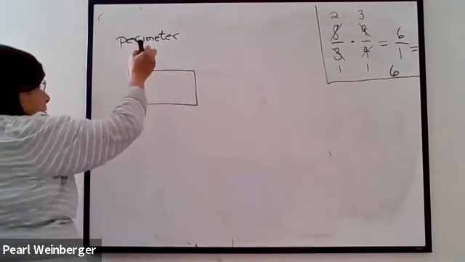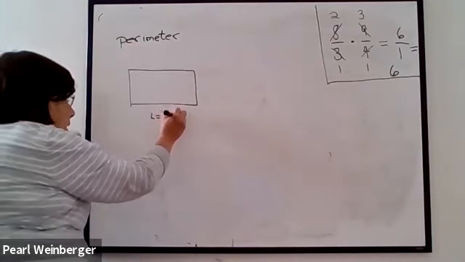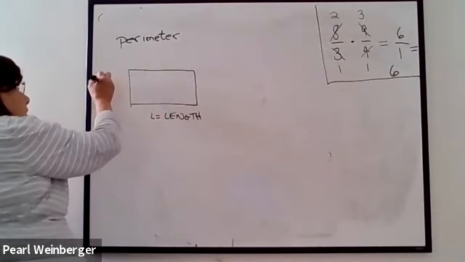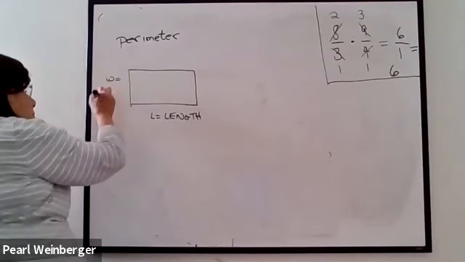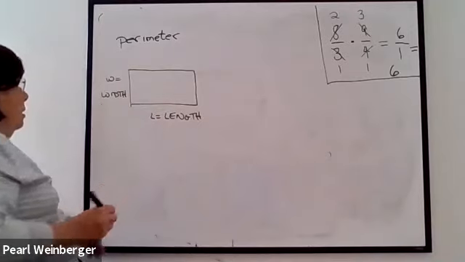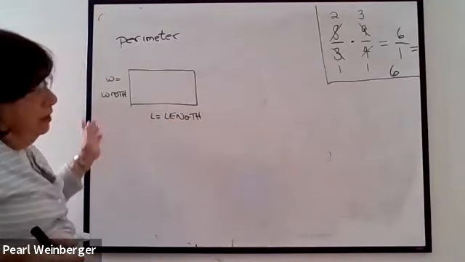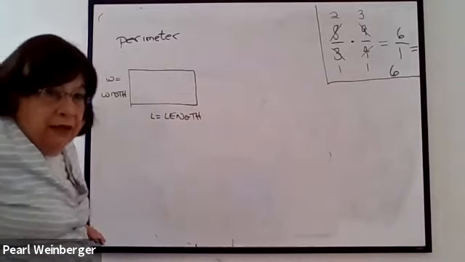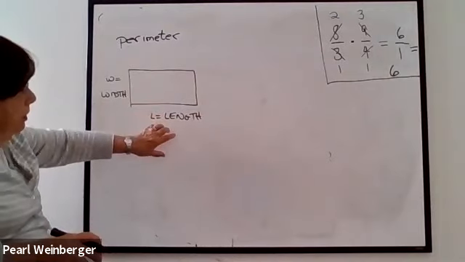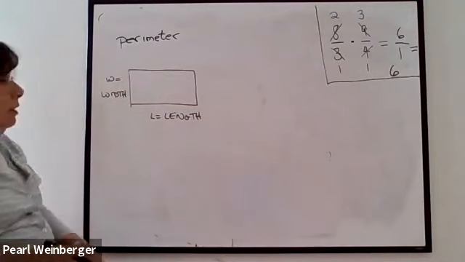We call one side the length, and the other side we call the width. Usually we call the longer side the length, but it could be the shortest side. It doesn't really matter. There are two sides that are equal, they're the lengths. There are two sides that are equal, that are the width.